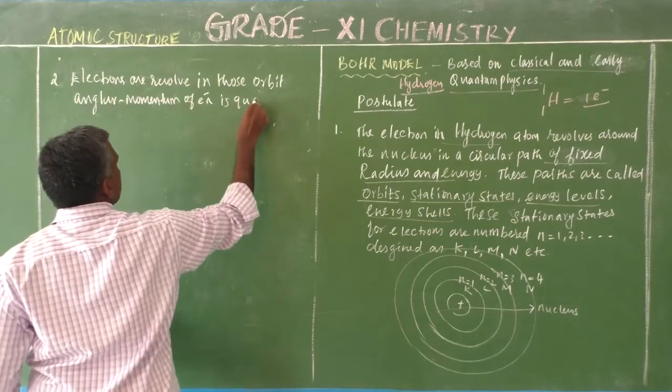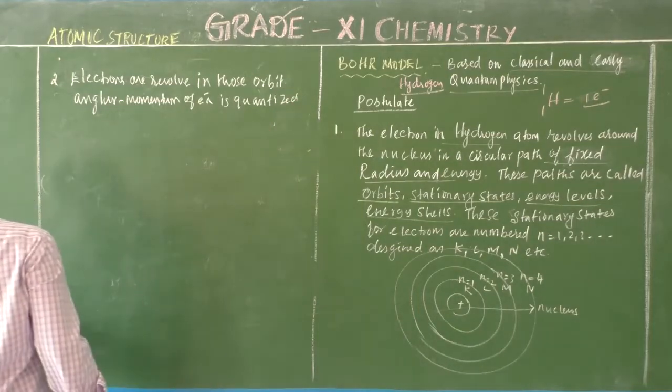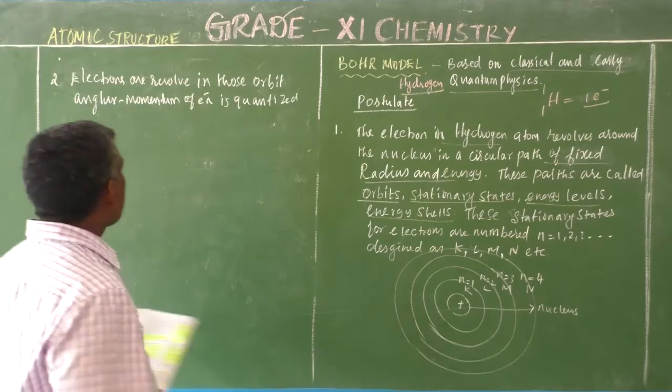Quantized means it is not continuous, it has fixed values.